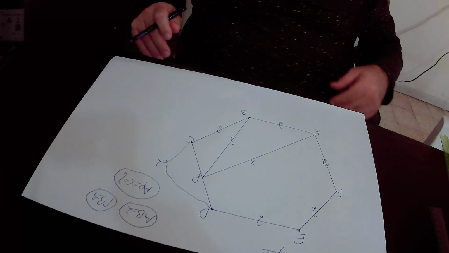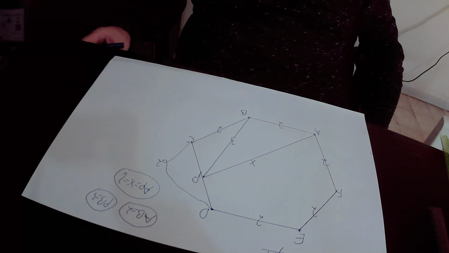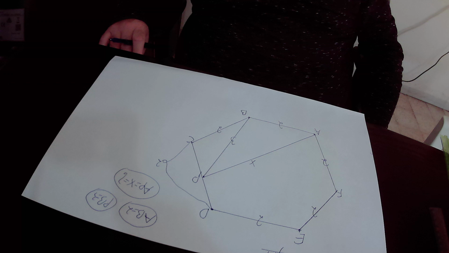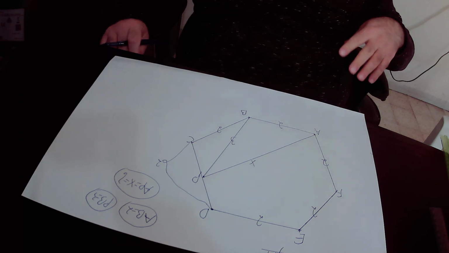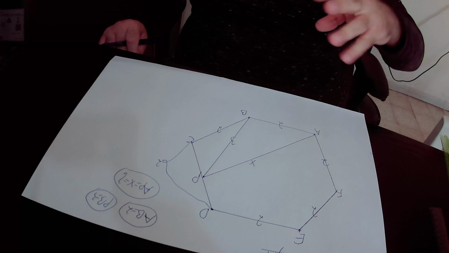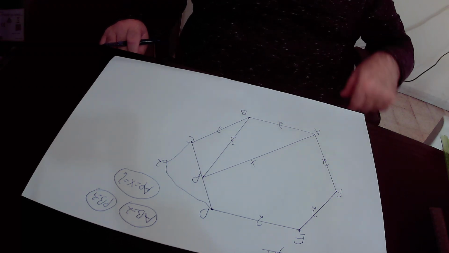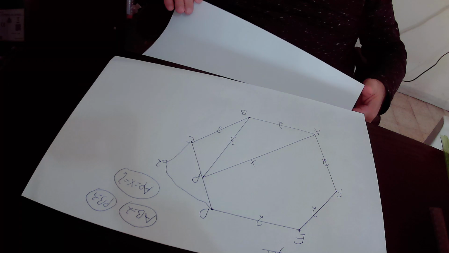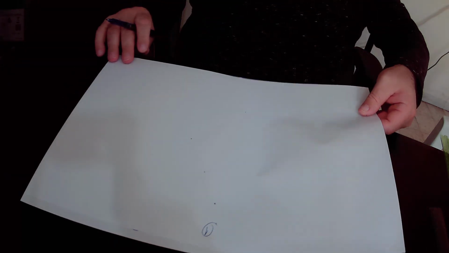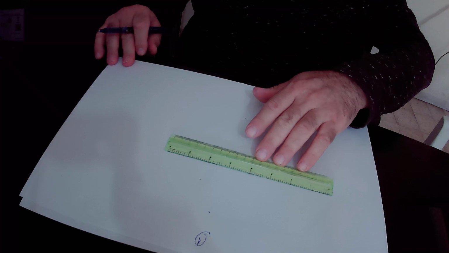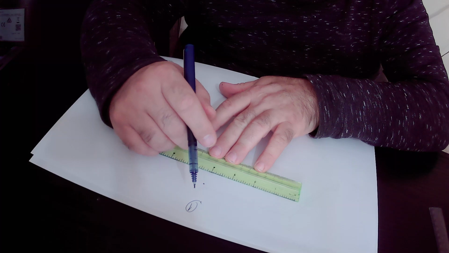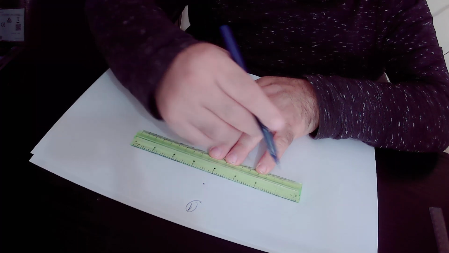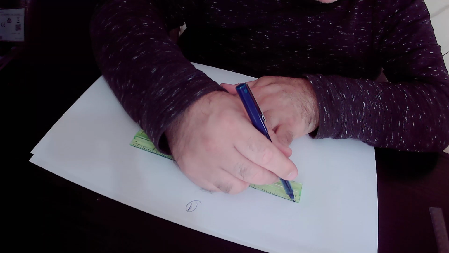Okay, so first of all, we'll find the sum of the angles in any regular hexagon, like this regular hexagon A, B, C, D, E, F. So we draw a regular hexagon. It could be any regular hexagon, and we find the sum of the angles in that regular hexagon.